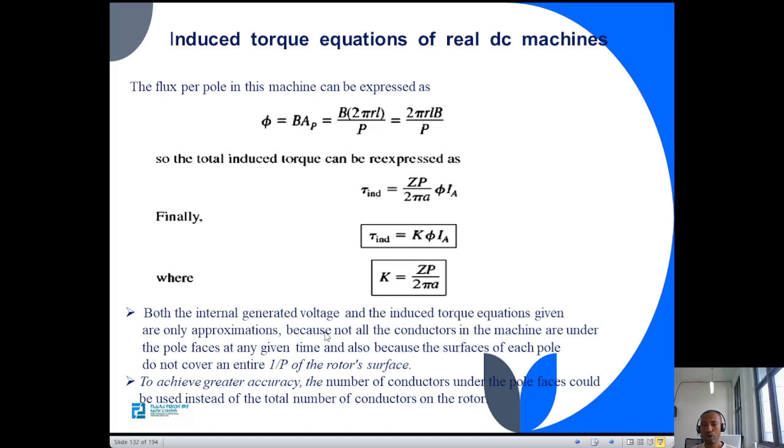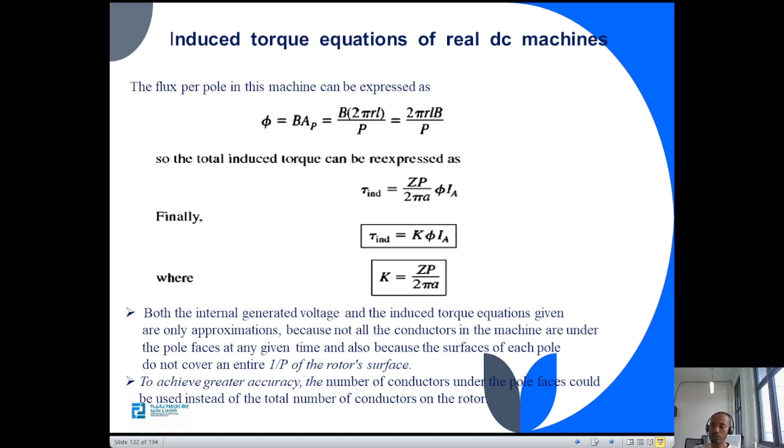Because not all the conductors in the machine are under the pole face at any given time, and also because the surface of each pole does not cover the entire 1 by P, meaning the entire per-pole portion, of the rotor surface. It means that all the conductors cannot be under the entire pole of the machine.